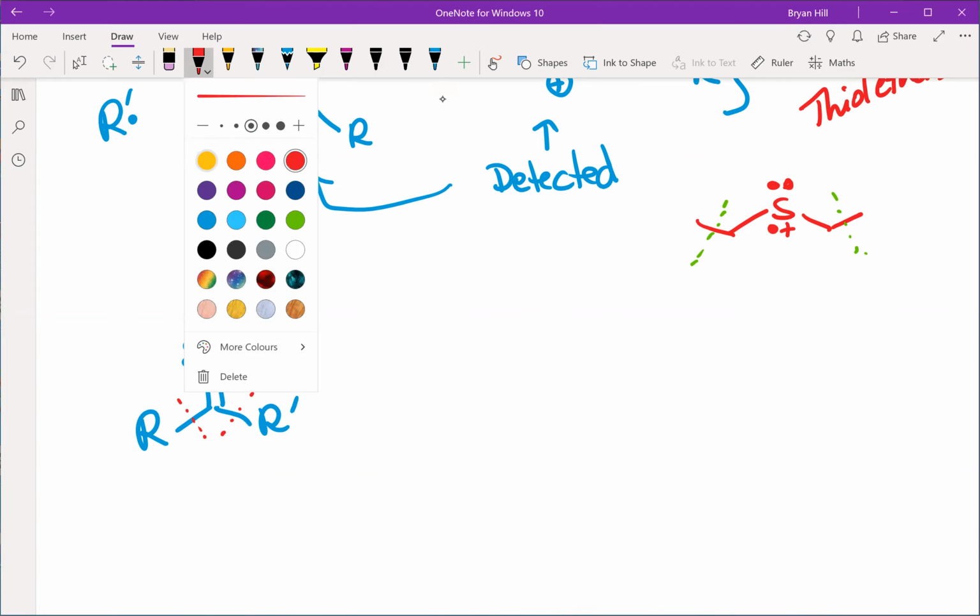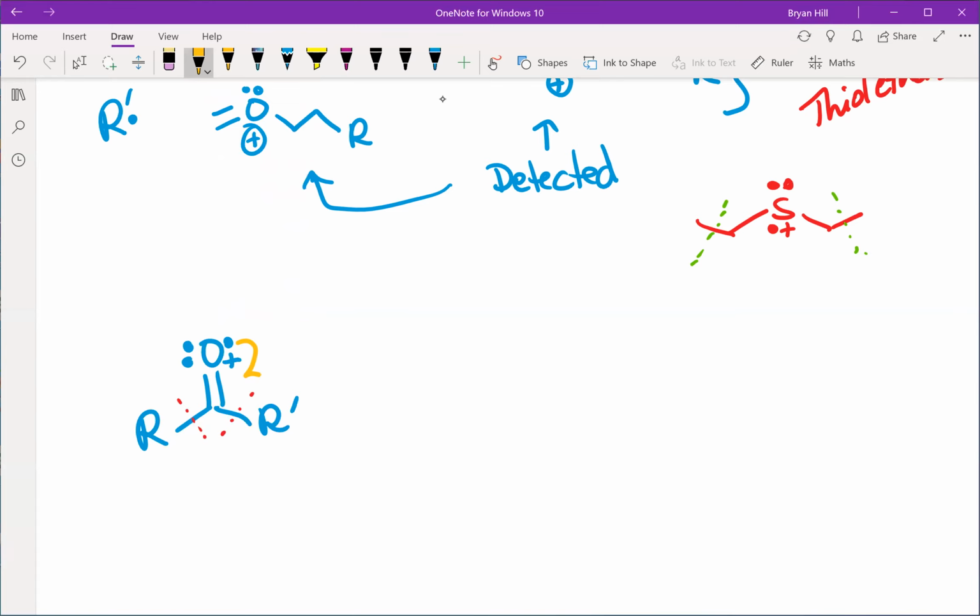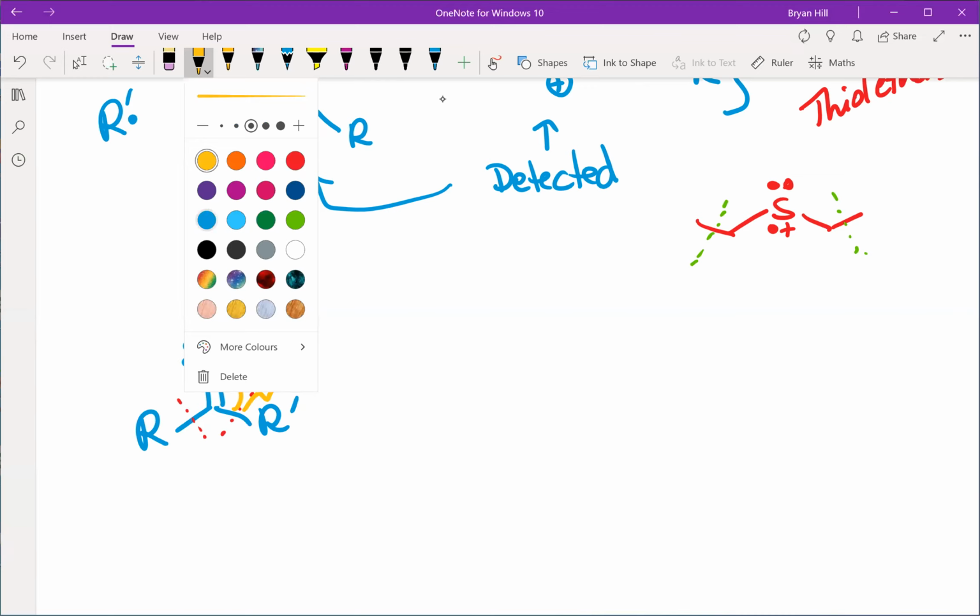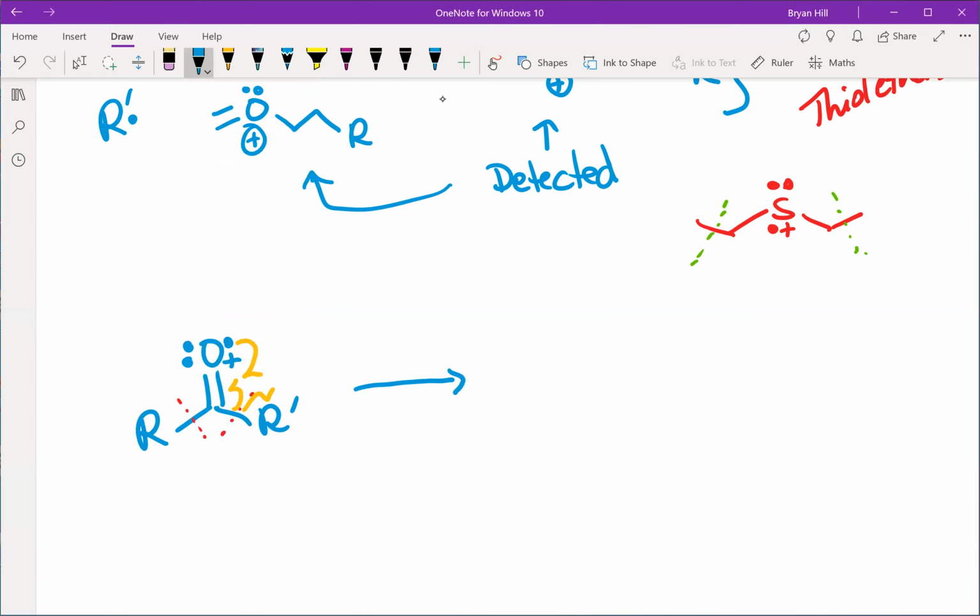So if we are doing this with the yellow arrow this time, let's go here, this goes there, this goes there. And this will generate R. So the charged species will be detected, the R prime dot won't be detected.